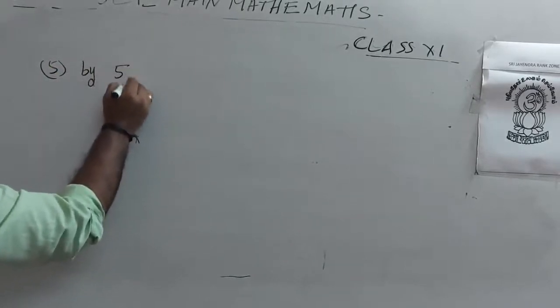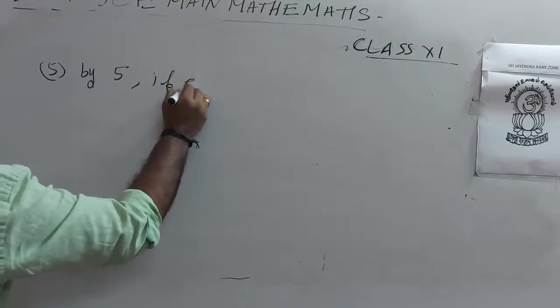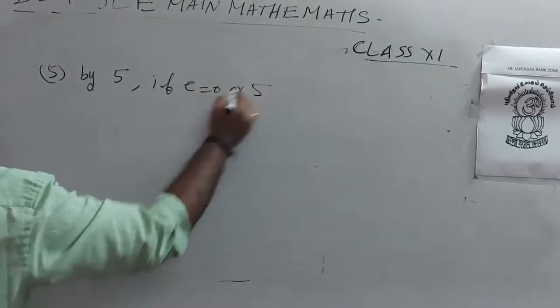Divisible by 5 if the unit digit is 0 or 5.